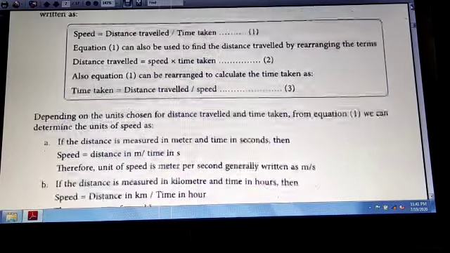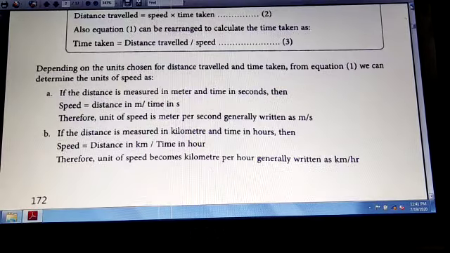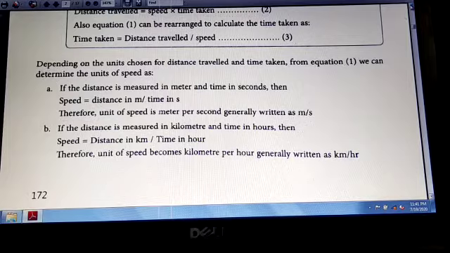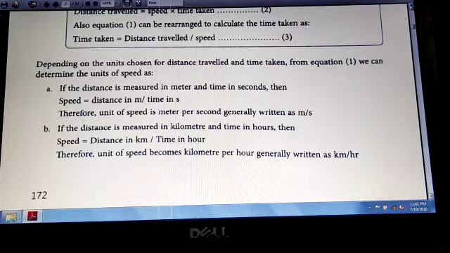Now, so speed is calculated either in meter per second. If the distance is measured in meter and time in seconds, then speed will calculate in meter per second. And if distance is measured in kilometer and time in hours, then speed is equal to distance in kilometer divided by time in hour.